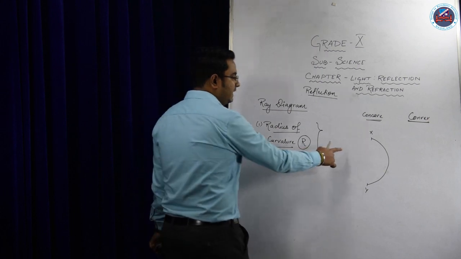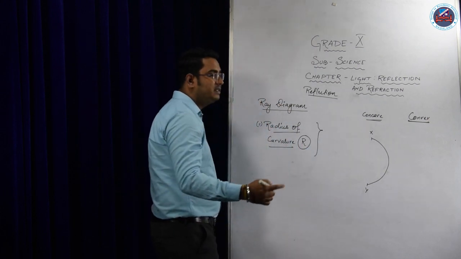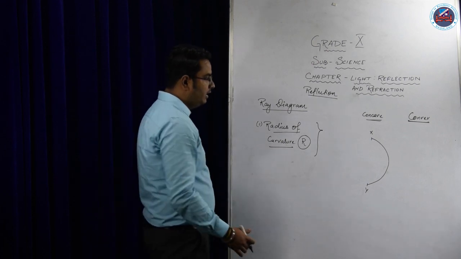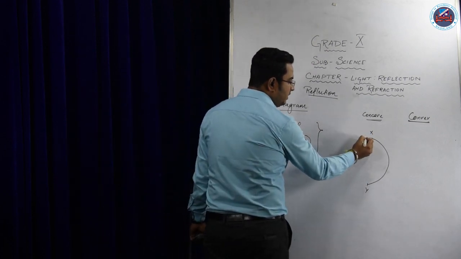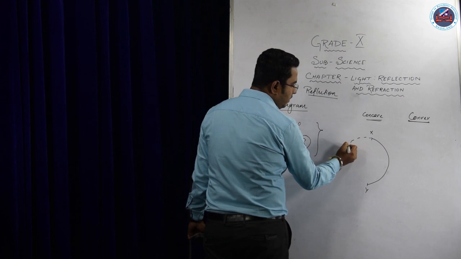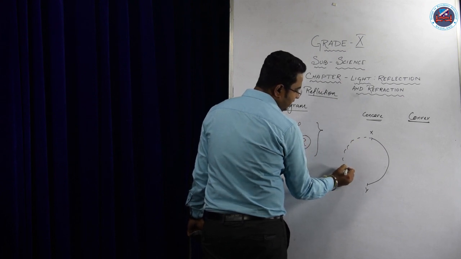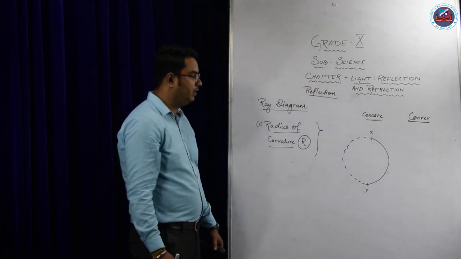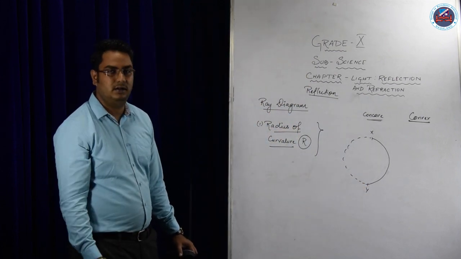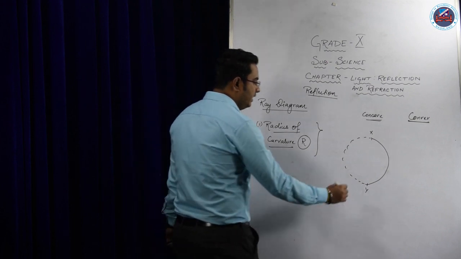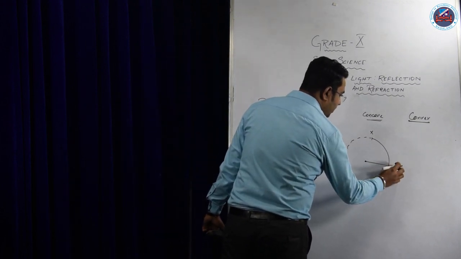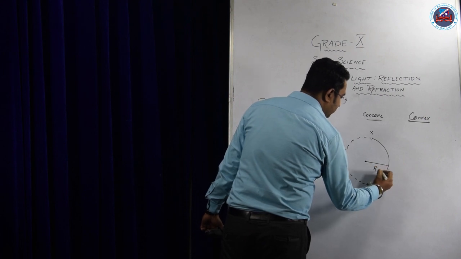This concave mirror somehow looks like a semicircle. If I extend the two ends of this mirror, X and Y, we will get a circle. The radius of that circle will be called the radius of curvature.